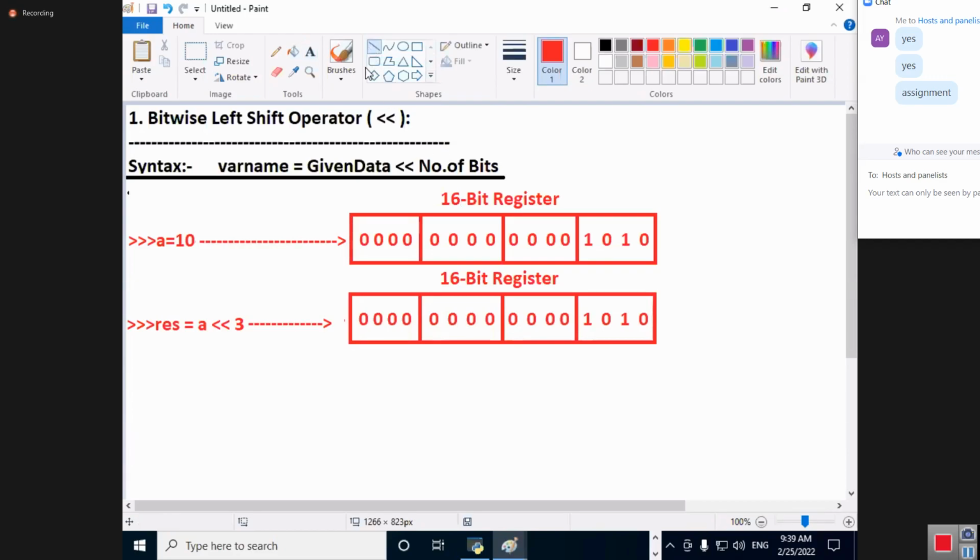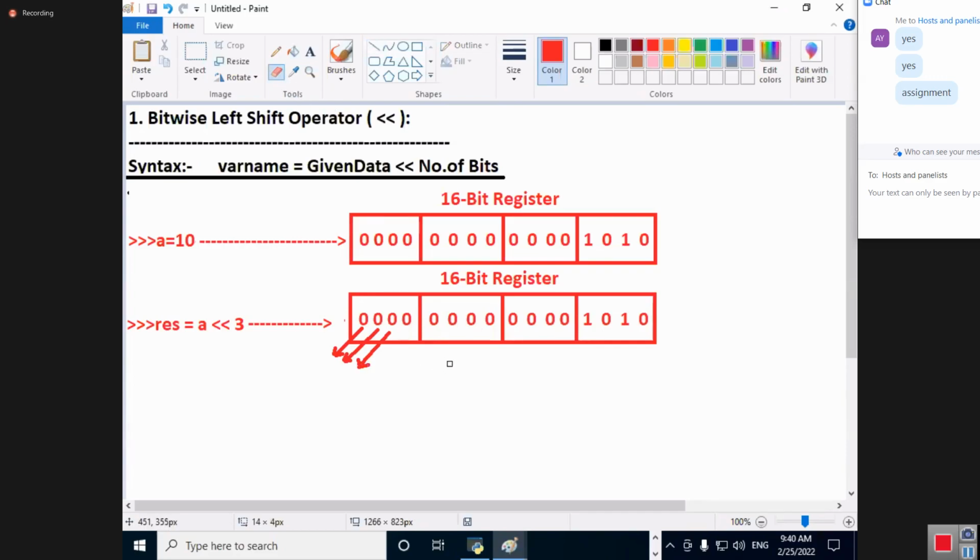What is happening, ma'am? 3 bits are taken away, flipping off. Flipping off means taking out. How many bits? Because you specified 3 bits, I'm writing flipping off. 3 bits are flipping off.